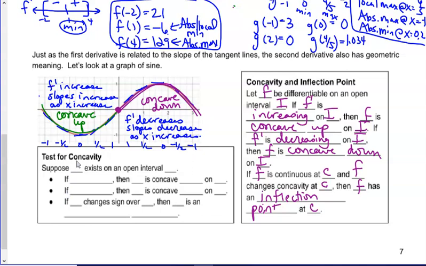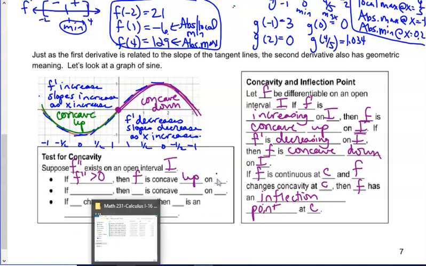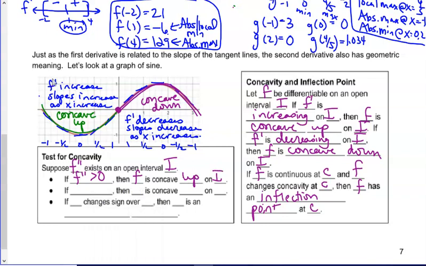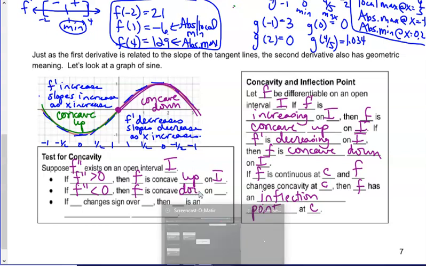So here's our test for concavity. Suppose that f double prime exists on an open interval I. Then if f double prime is greater than 0, then f is concave up on I. So if f prime is increasing, then f double prime has to be positive, and f double prime has to be negative if we are concave down on some interval.